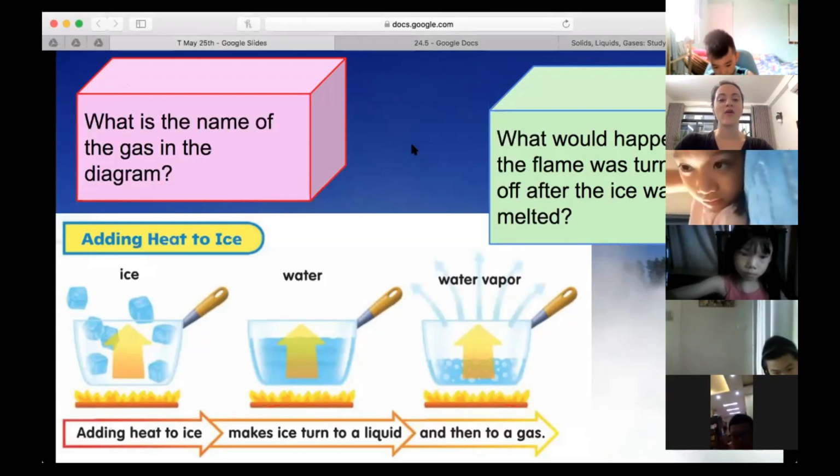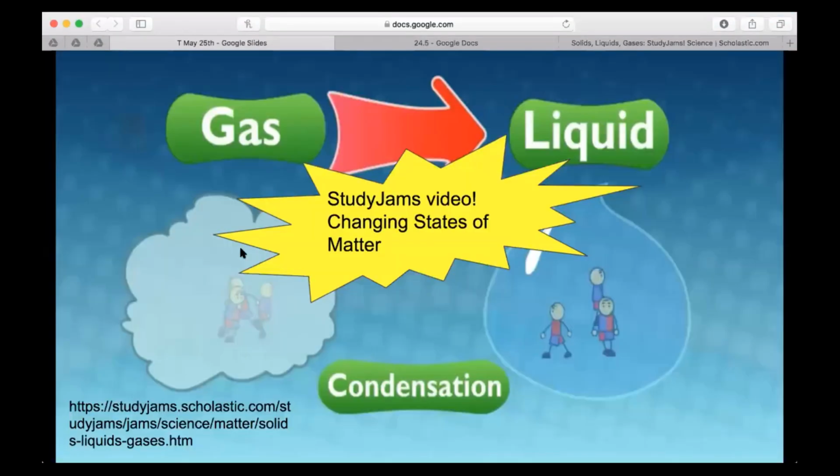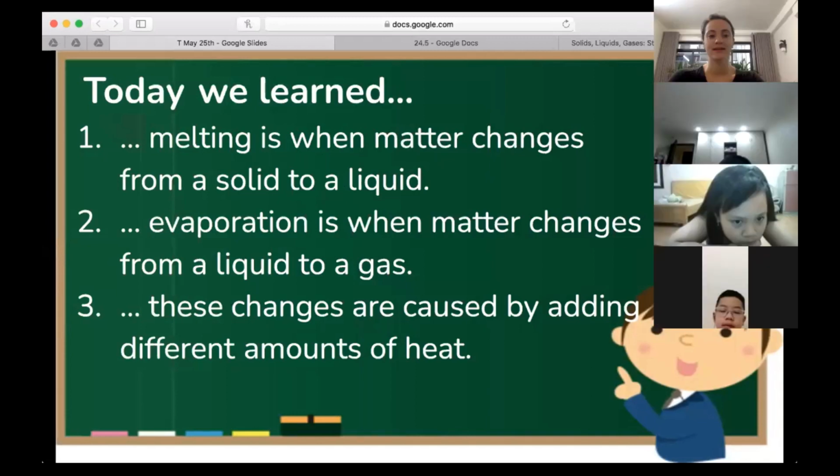Okay, before we go, we're gonna watch a quick video and then class will be over. So that's it for today. Today we learned melting is when matter changes from a solid to a liquid. Evaporation, actually let's have everyone read these. Everyone read all 3. Go ahead. Ready? 1.